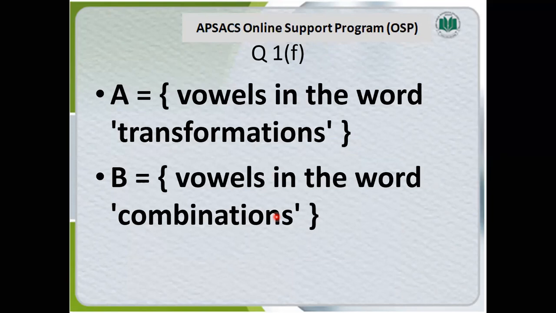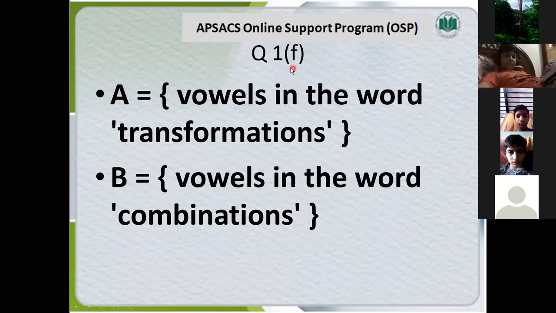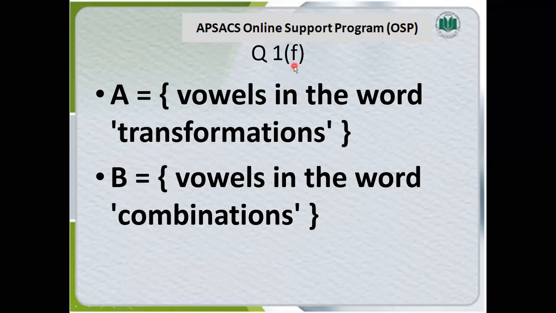Okay, we have done part A, then we have done part B, and after part B, which part are we doing here, beta? F. Why part F? Because, beta, it is a little bit tricky. I want to describe all the parts to you. Look here, I will use the board. Look here, students.